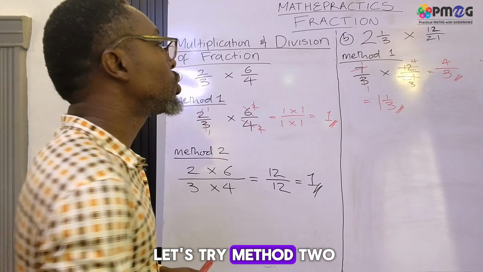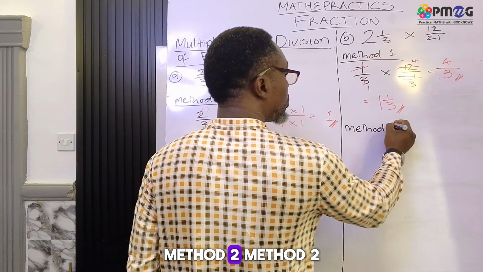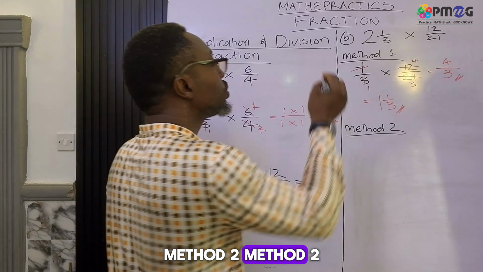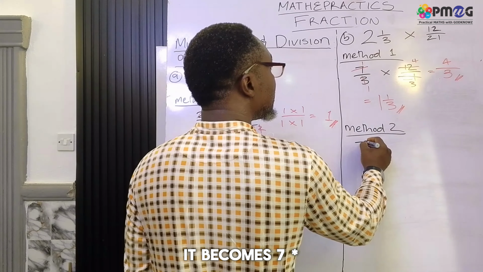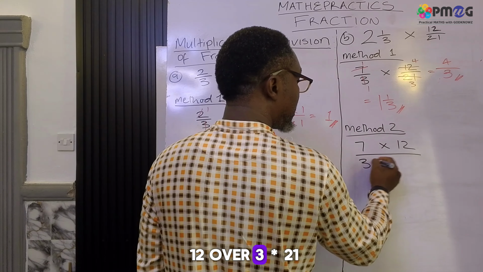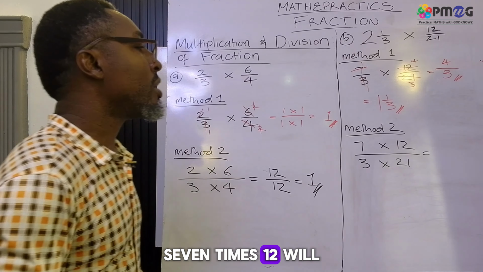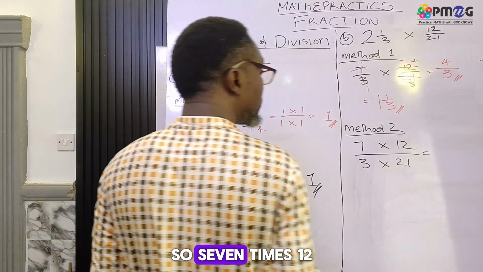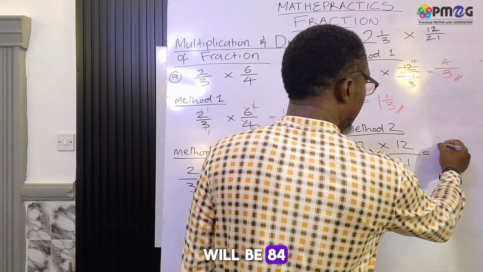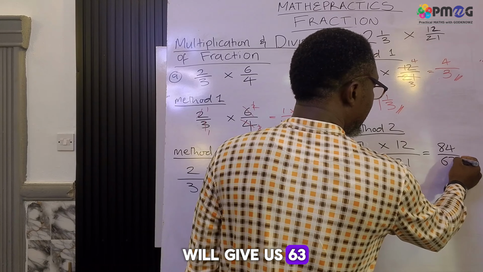Now let's try method 2. Method 2, straight to the point. It becomes 7 times 12 over 3 times 21. 7 times 12 will be what? 7 times 12 will be 84 over 3 times 21 will give us 63.